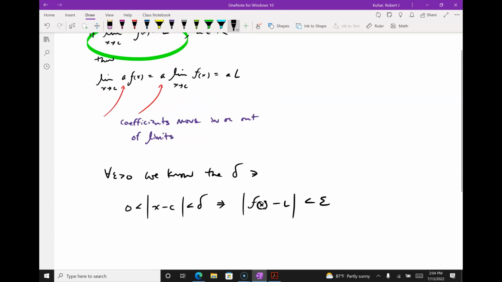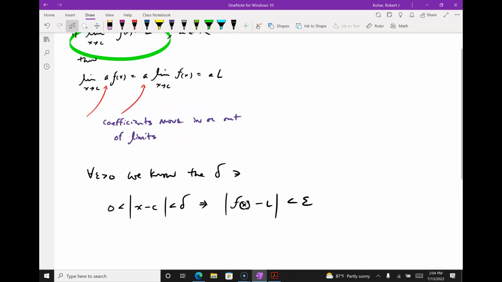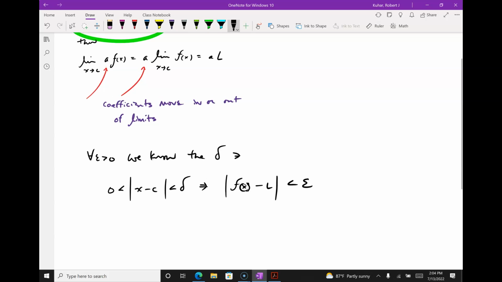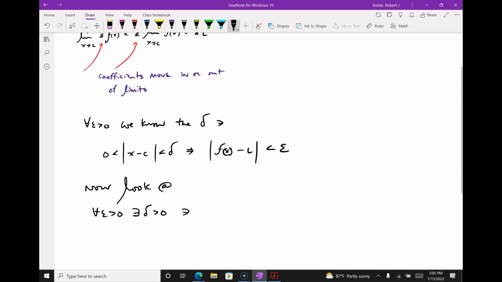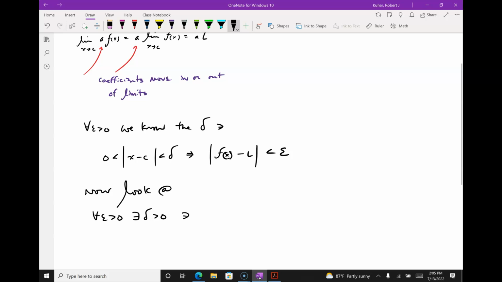So what's happening when I do this next one? For every epsilon greater than 0, I should be able to find a delta greater than 0. I don't know if I have it yet. Such that in my second limit, 0 is less than the absolute value of x minus c is less than delta implies what? What's my new function?